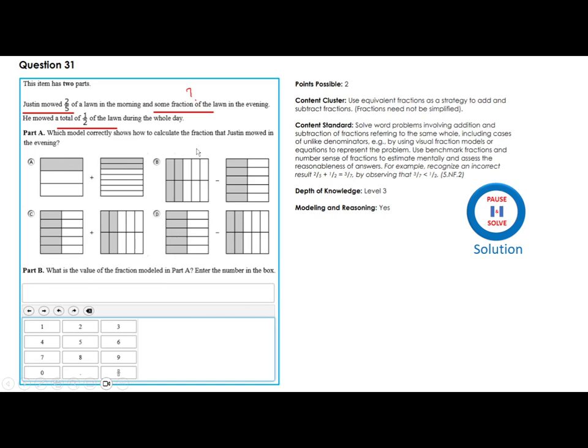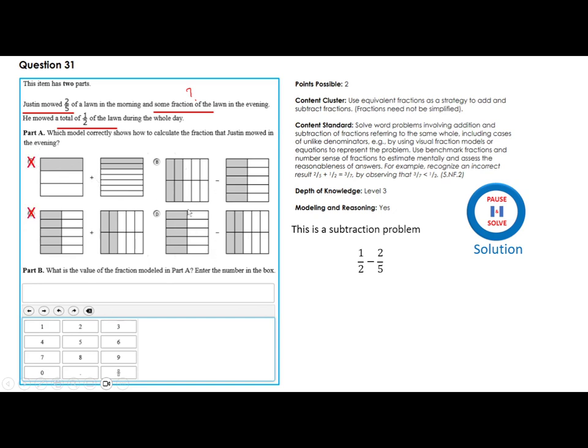So obviously this is a subtraction problem. It's 1/2 minus 2/5. 1/2 is the total he mowed. In the morning, he mowed 2/5. So it's a subtraction problem. So this one is adding, that's not correct. This one is adding, it is not correct.